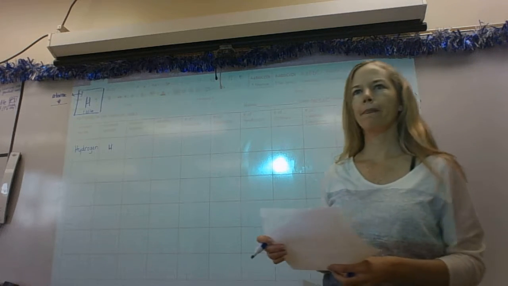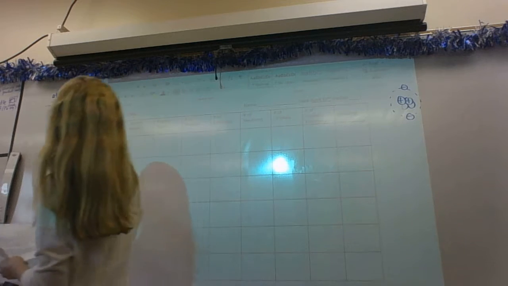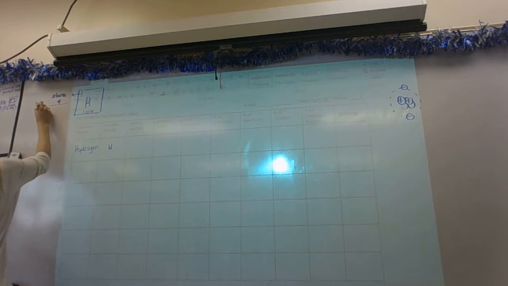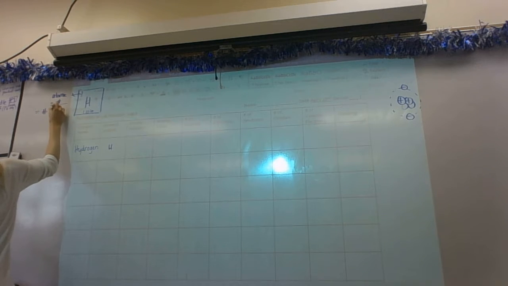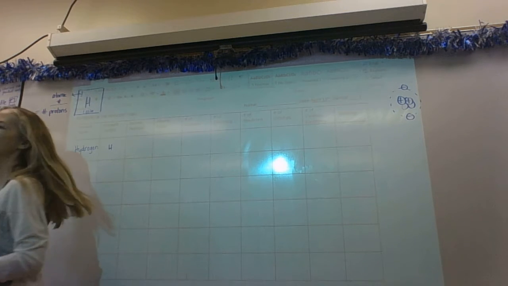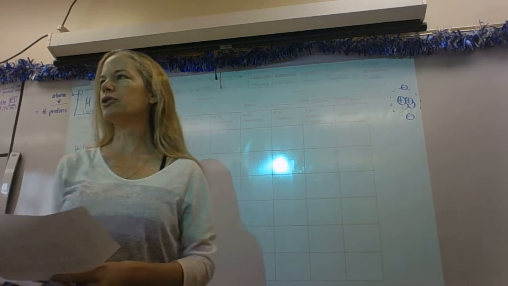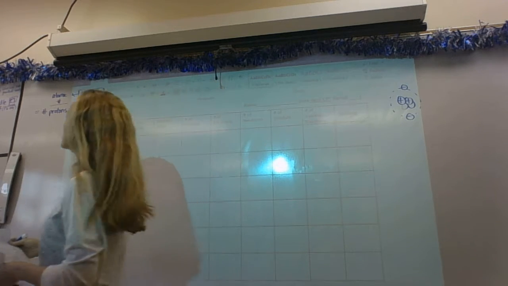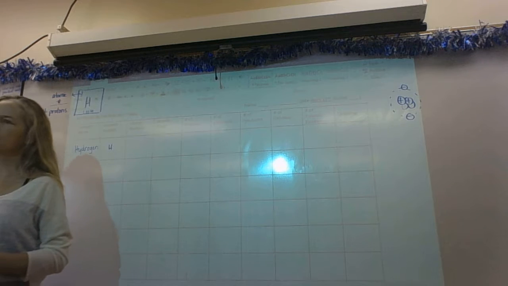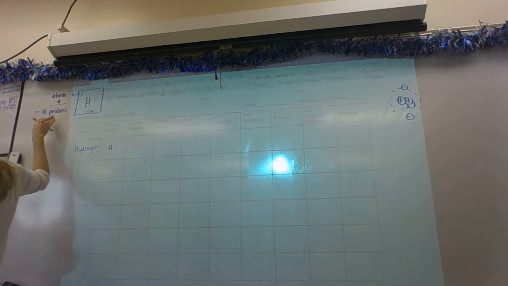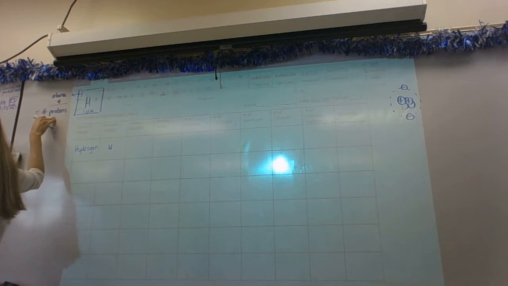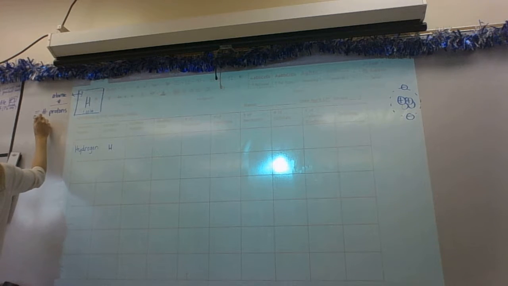Donovan? The number of protons. So it's equal to the number of protons. Is there another number that it's equal to? Andres? It's not the neutrons, it's the electrons, okay? So the number of protons and the number of electrons is always going to be the same. So it's also equal to the number of electrons.